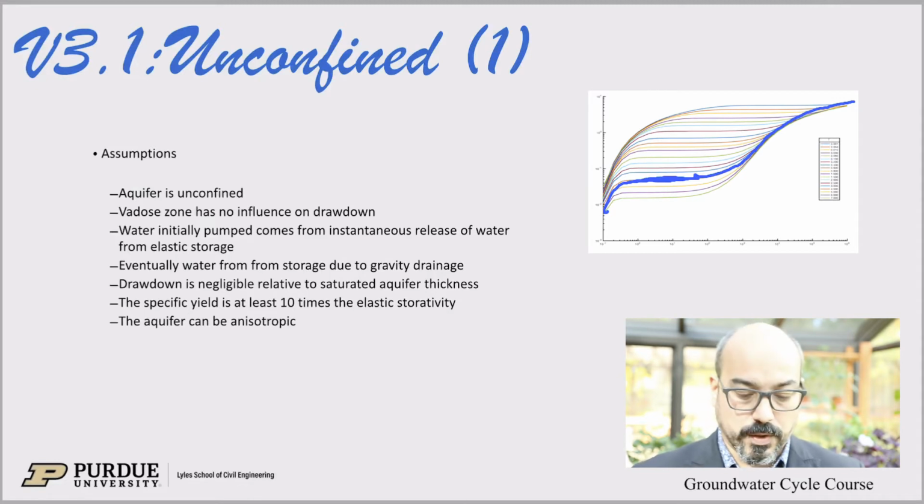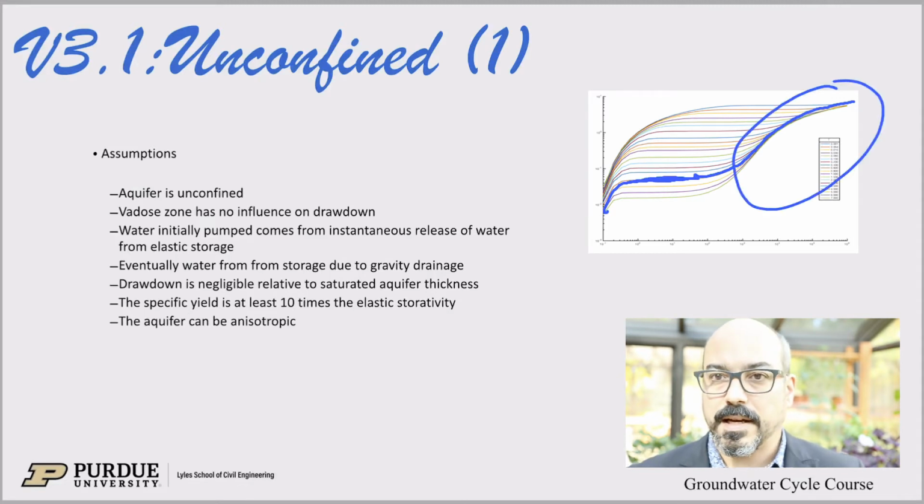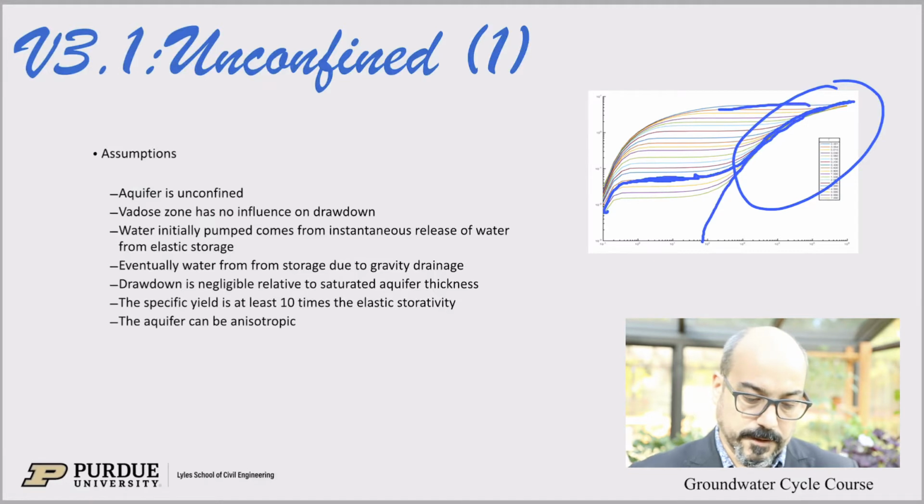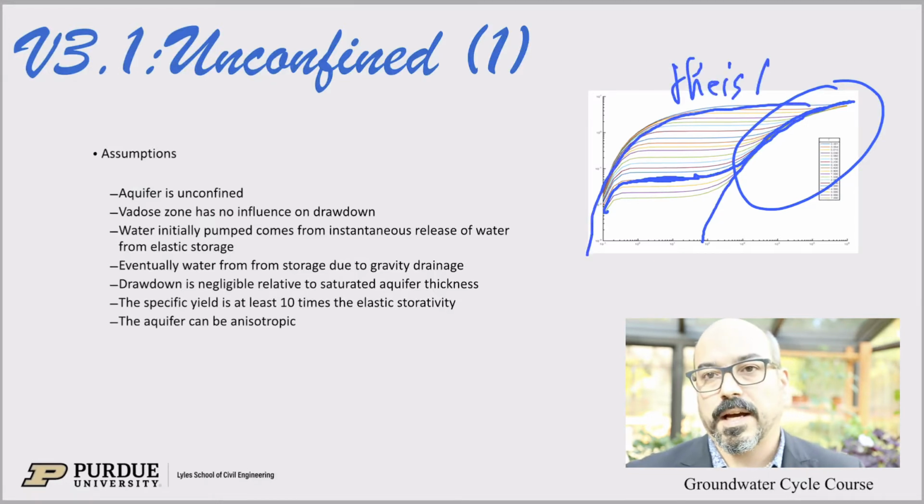So on what we call the B-type curve, on the right-hand side here, now we're starting to follow a Theis curve again, a Theis curve here and a Theis curve here. A-type curve, Theis B-type curve here.